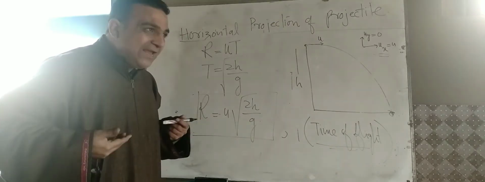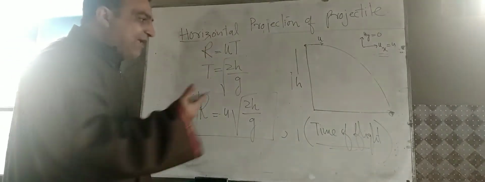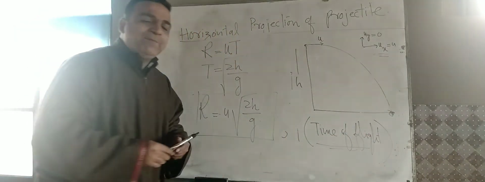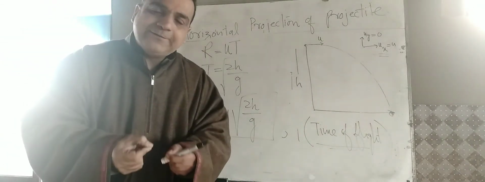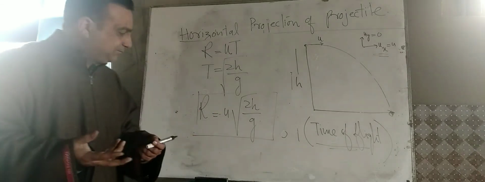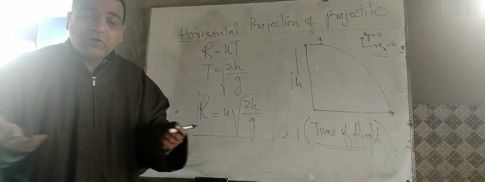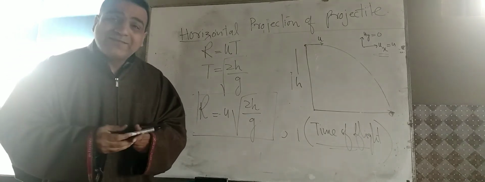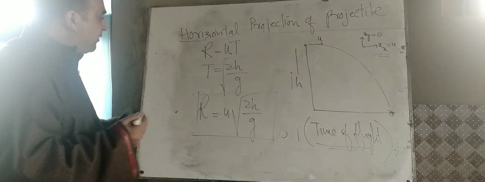Shoot them with the same initial velocity from some height. They will acquire the same horizontal range. That means they will hit the ground at the same point. They will take the same time. Their ranges will be same. Their ranges will not differ, even if their masses are different. So this is the expression for the range.